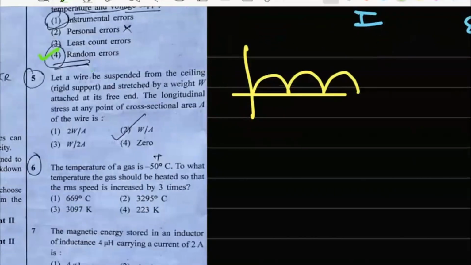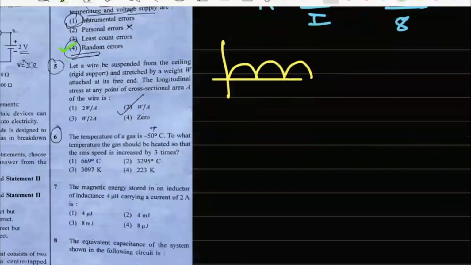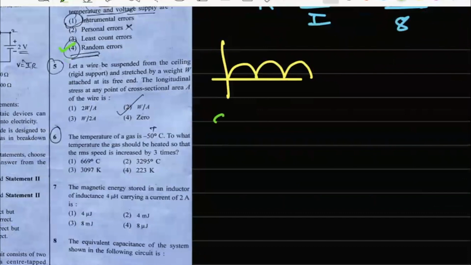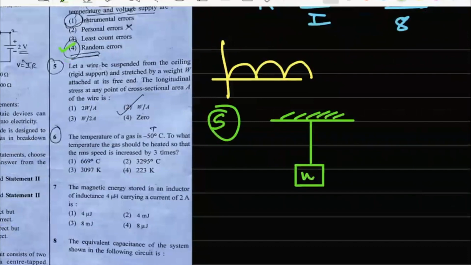Let a wire be suspended from the ceiling, rigid support, and stretched by weight W attached at its free end. So we have the ceiling, and there's a wire, and we have a weight W. So the longitudinal stress at any point of cross-sectional area A of the wire is how much?